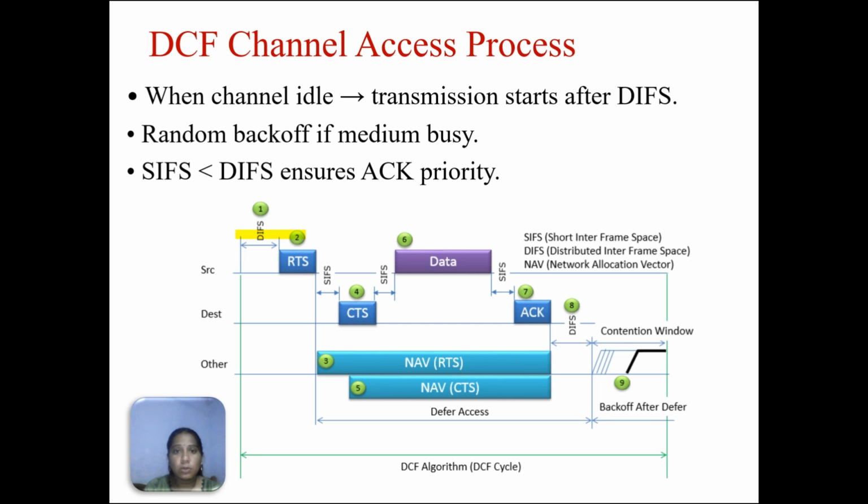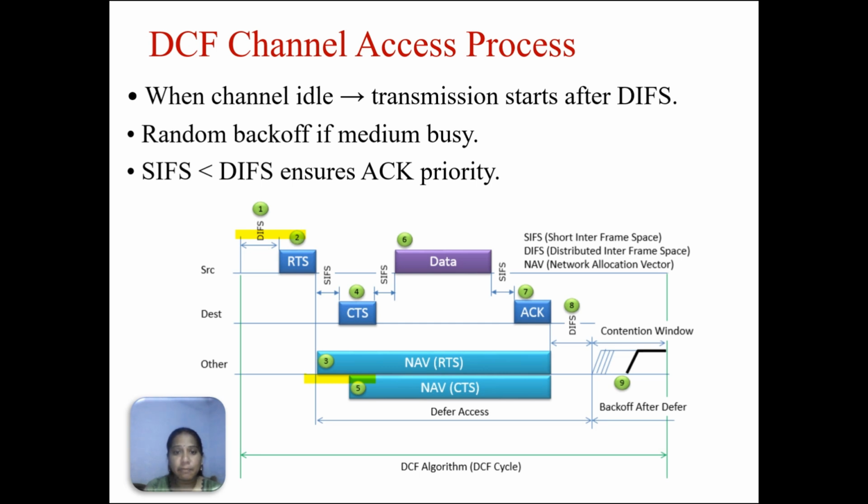In step 2, the source device sends an RTS to the destination device. In step 3, all the other devices hearing this RTS update their network allocation vector based on the duration information in the RTS, so that they will not try to acquire the channel until the communication between the source and destination is done.